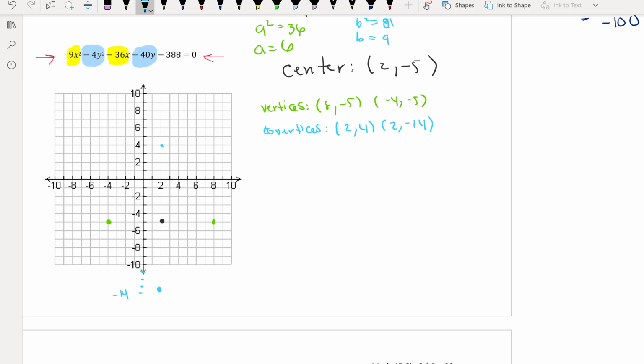So now I kind of have more or less the outline of the asymptotes. And so the corner of those boxes, and you're going to have your asymptotes.